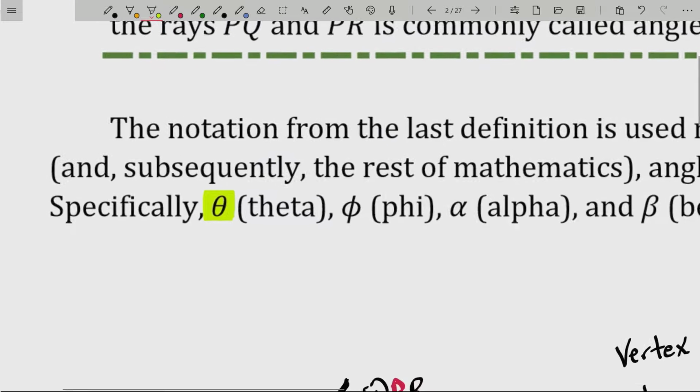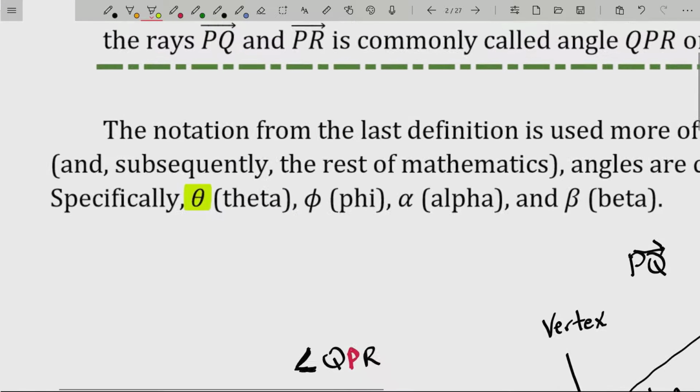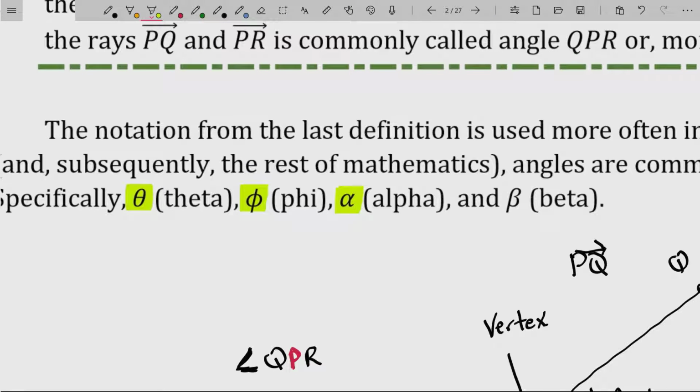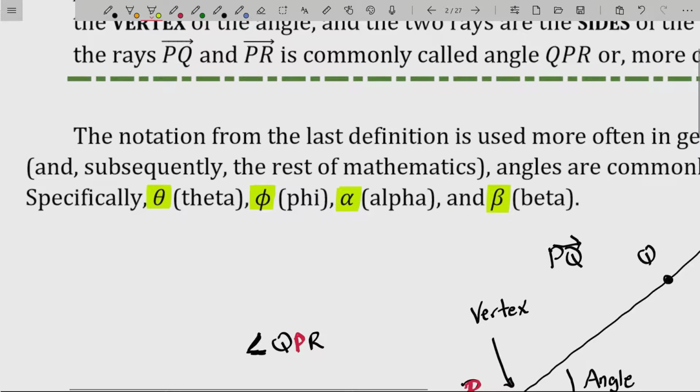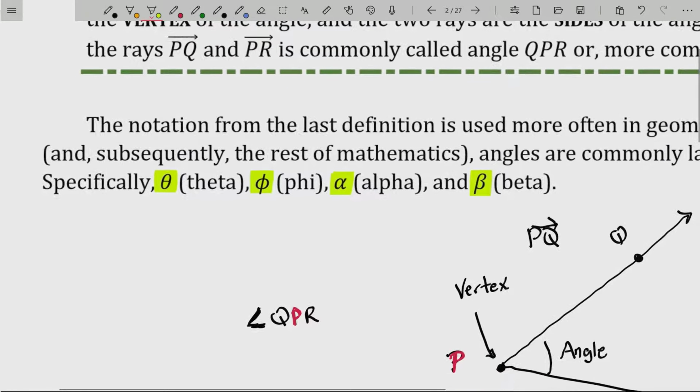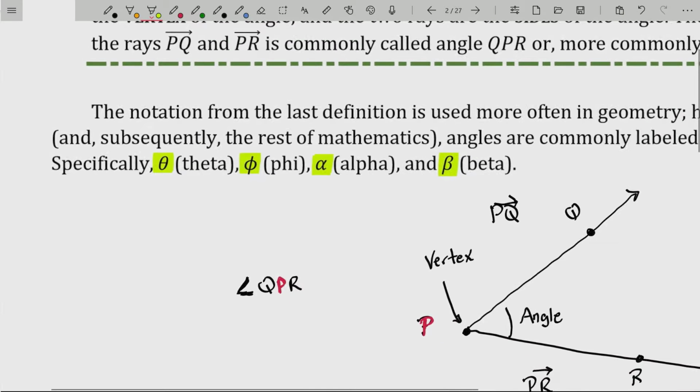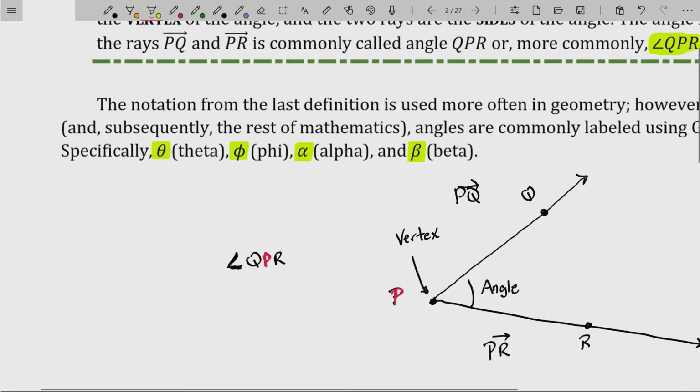But theta is usually what we use for angles, but you could also have phi, alpha and beta. Those also get used quite a bit. Sometimes a lambda, sometimes omegas, but more generally just Greek letters. So as an example here, I could call this angle theta.